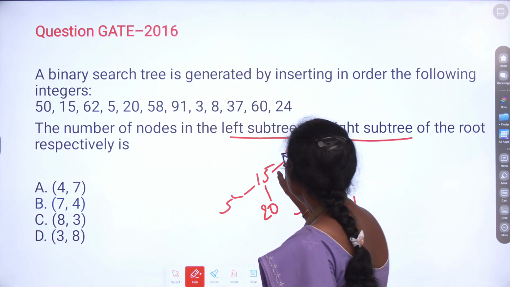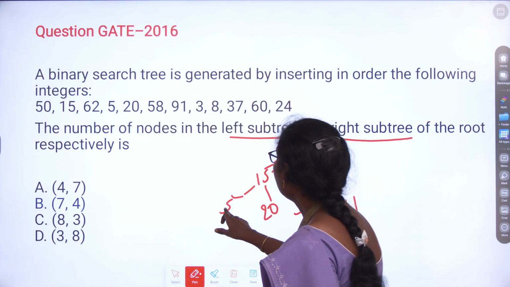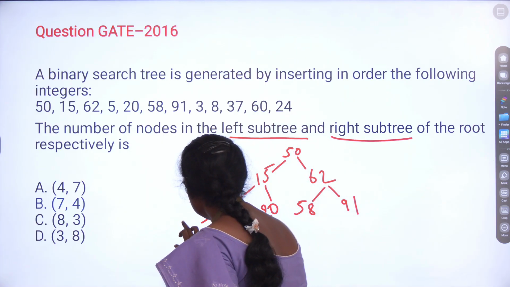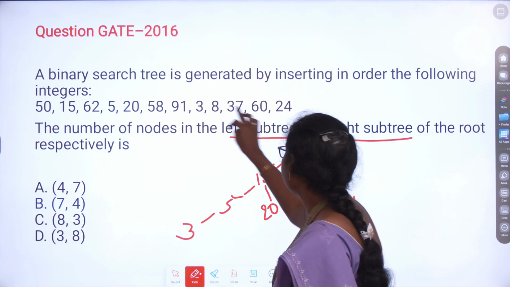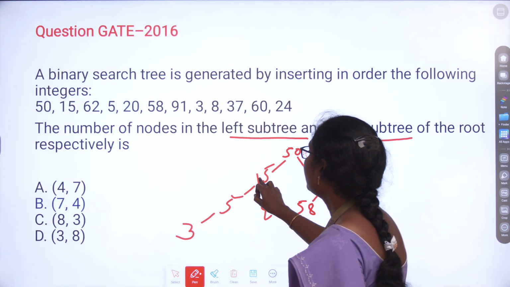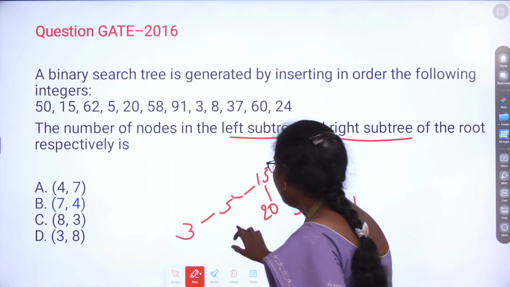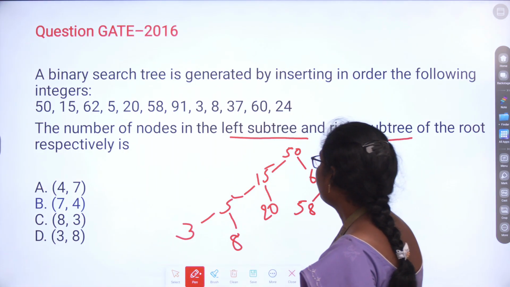Take 3, which is lesser than 50, lesser than 15, lesser than 5, so insert at the left side. Next one is 8, compare with 50, which is lesser, compare with 15, which is lesser, compare with 5, which is greater, so insert at the right side.